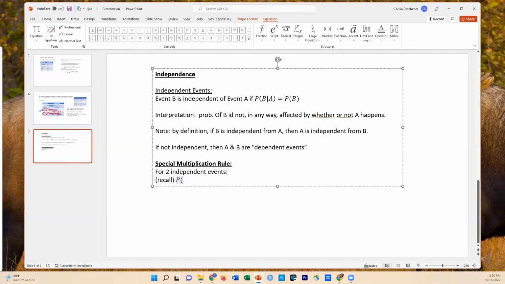We want the probability of A and B. If you remember, that's the probability of A times the probability of B given A. That's how we defined it last class. But now we have independent events, so the probability of A is the same, but the probability of B given A is just the probability of B.